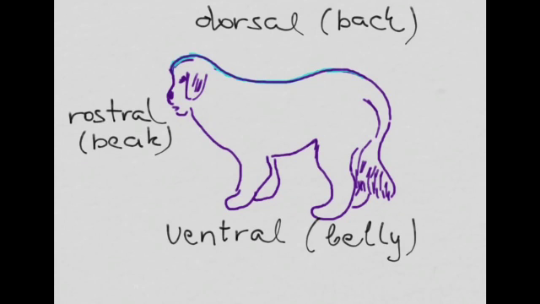And the other end, the posterior end of a dog specifically, would have a tail in there, and that's described as caudal because cauda means tail.